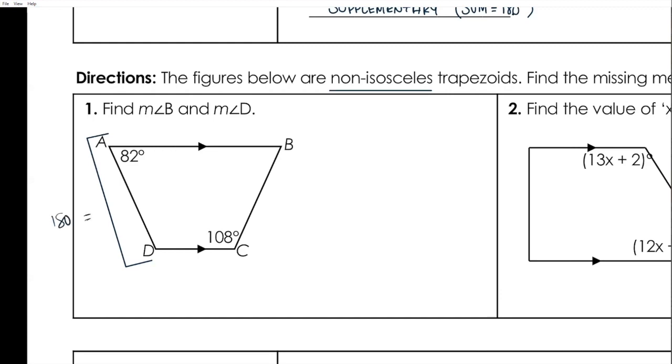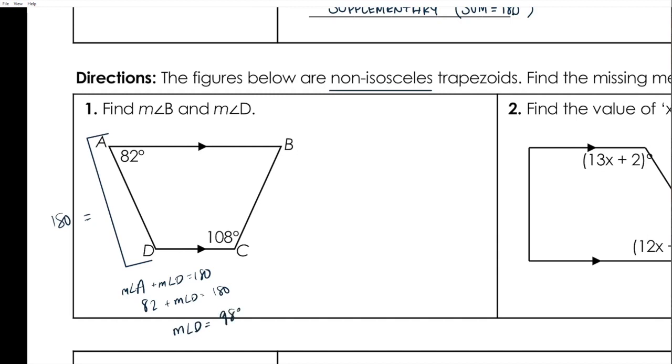So we know that A plus D is 180 degrees. They are inside the parallel lines, both on the same side of the transversal, which in this case is side AD. So we substitute 82. Subtract 82, so the measure of angle D is 98.